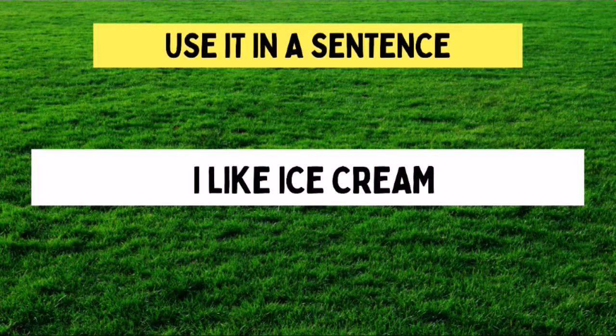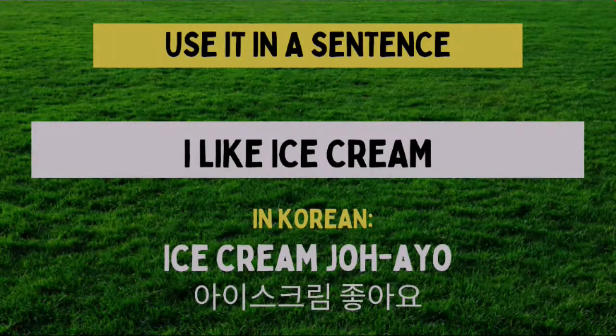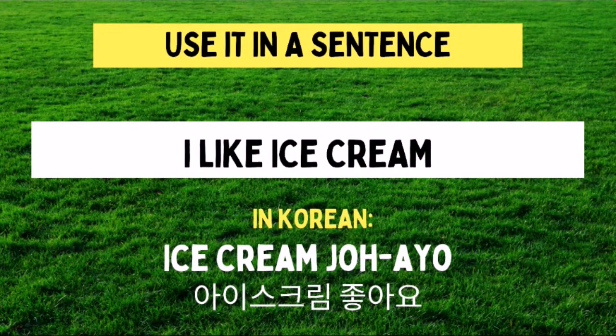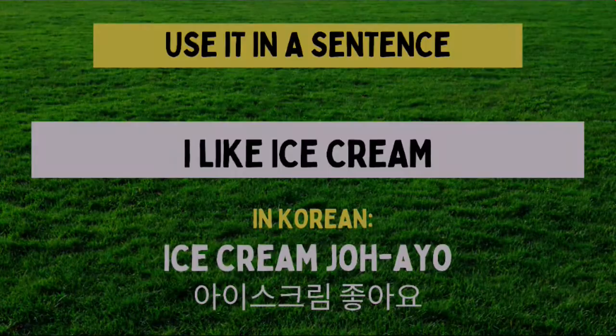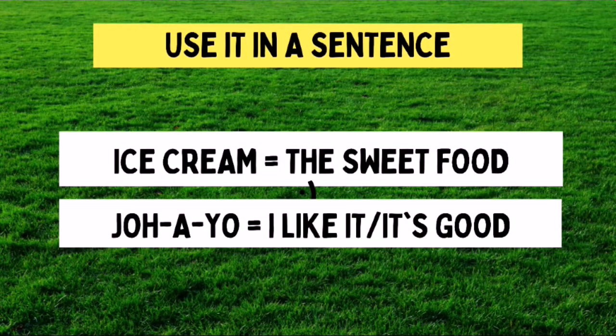Now that we have an idea about the meaning of the word JOAYO, let's look into this example sentence. It says, I like ice cream. The Korean translation of this sentence is ice cream JOAYO. Again, it's ice cream JOAYO. The first part of the sentence is ice cream.